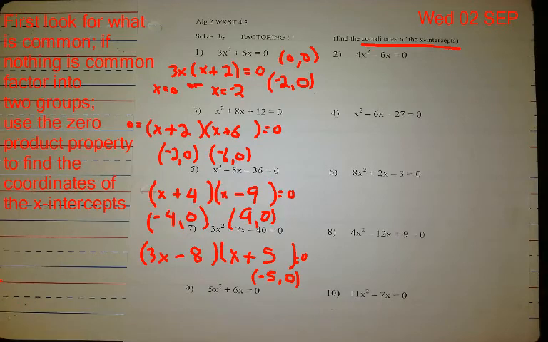There we go. And then, so I want to know what makes 3x minus 8 equals 0. Well, remember that you need to add 8 to both sides. Right? So if I add 8 to this side, and I add 8 to this side, then I have 3x equals 8.